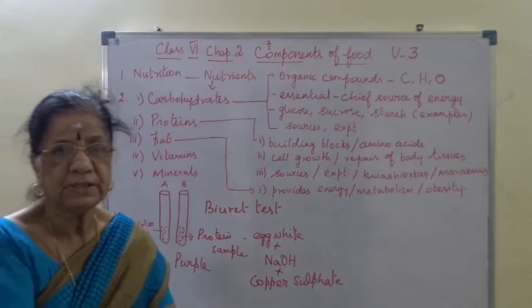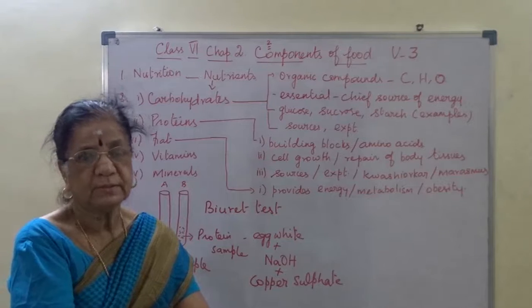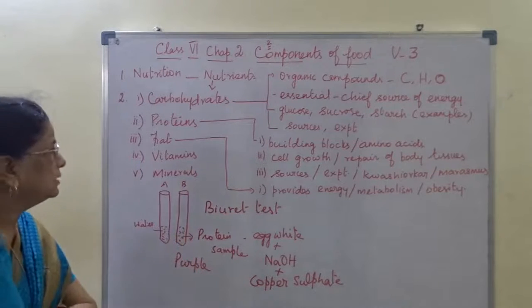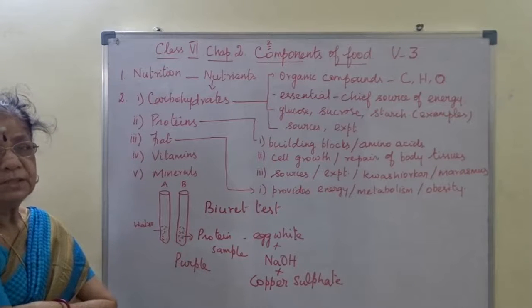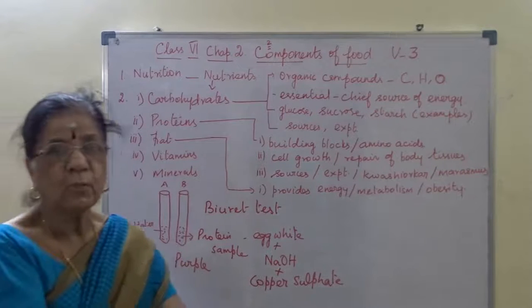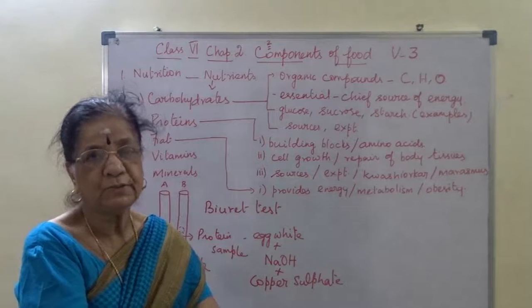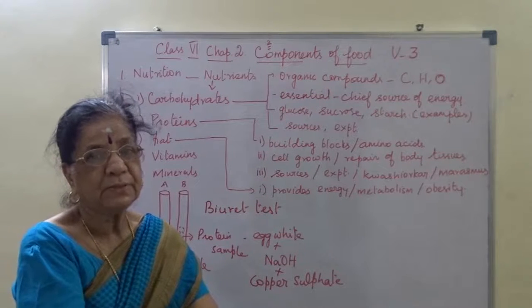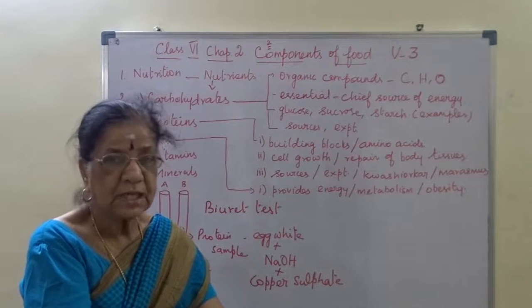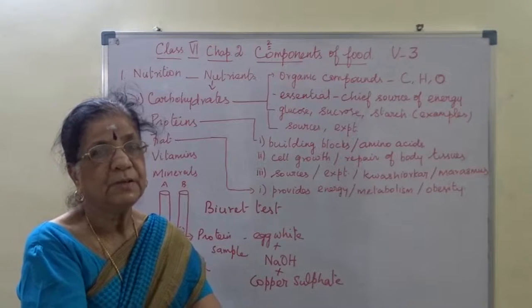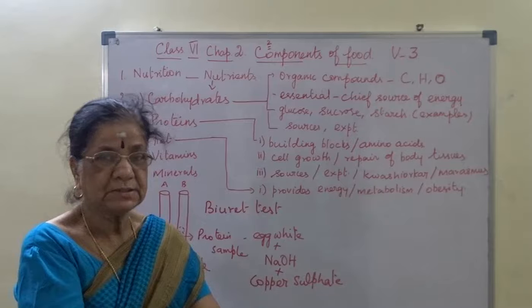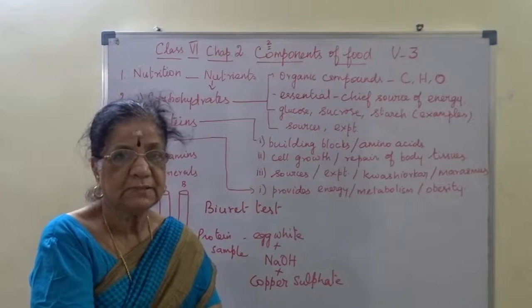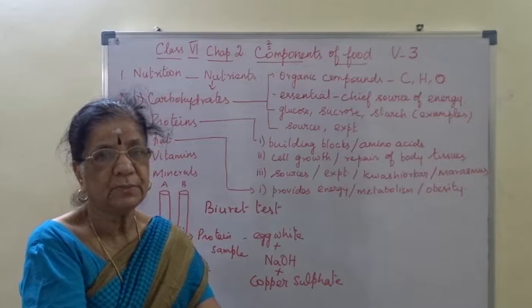The sources are banana, sugarcane, apple, lemon, watermelon, rice, and potato. The experiment is the starch iodine test, where we test the presence of starch, otherwise carbohydrate, in the given food sample. I hope you remember this.